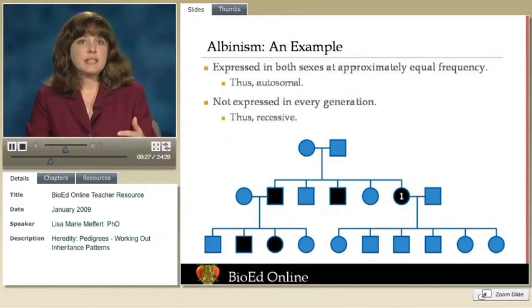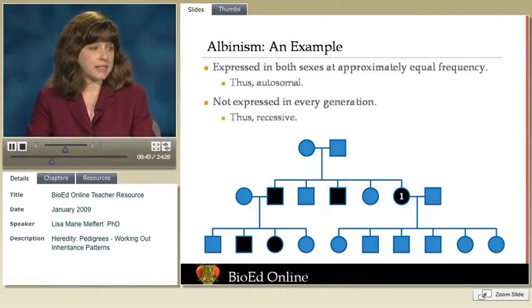Now, remember how we said that if you have a dominant allele, you're going to see the trait in every generation, because it must be expressed in every generation. It's the recessive alleles that can hide underneath the heterozygotes, and that causes the skip in the phenotype from one generation to the next. And look here, you've got individuals in this family who express the trait, but they're born of normal parents.